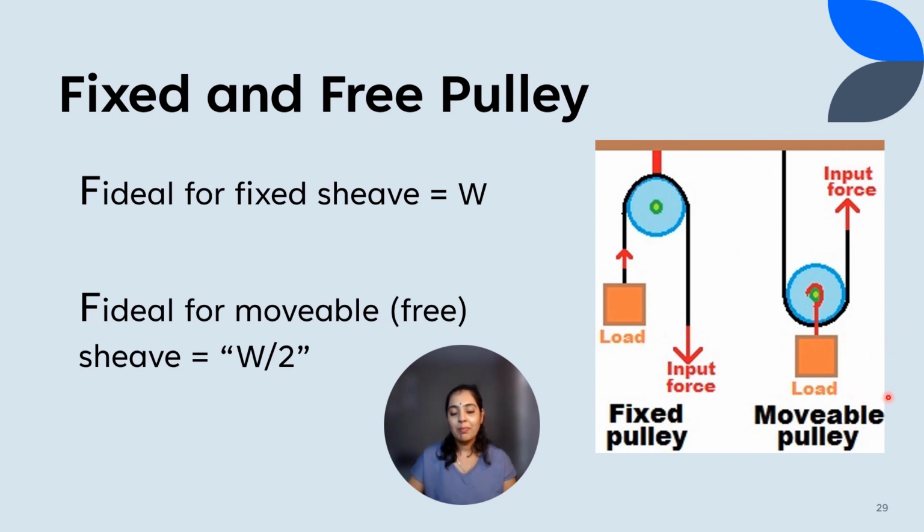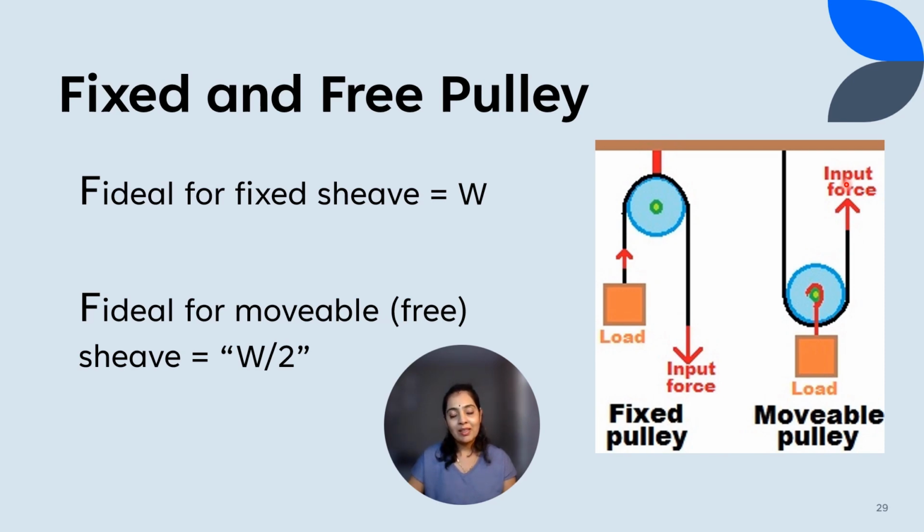In this picture, you can see the rope is fixed at this point and this pulley wheel is moving on this rope. Load is applied at the pulley and input force is being applied at other end of the rope.